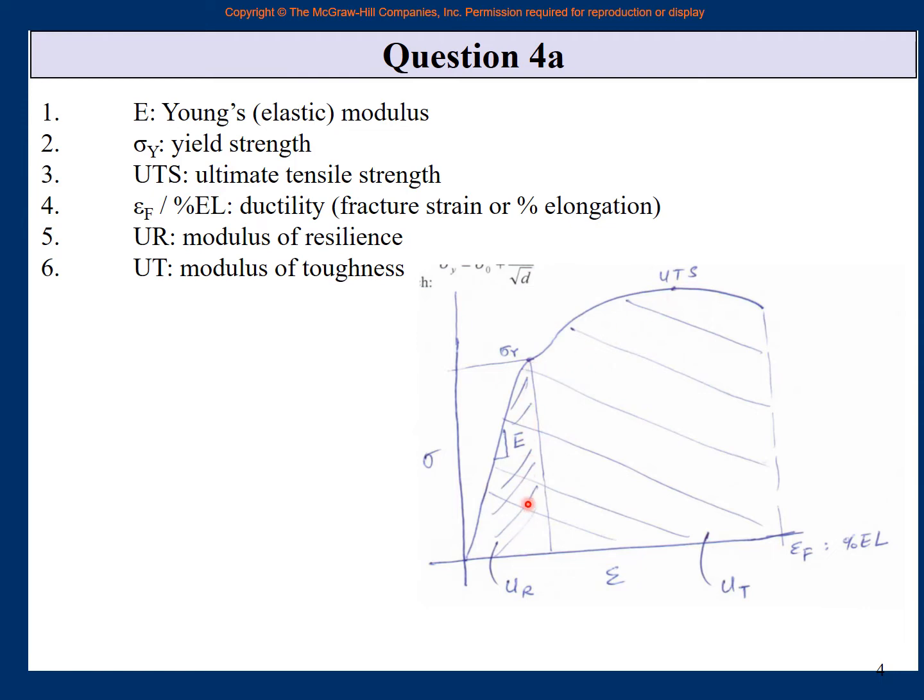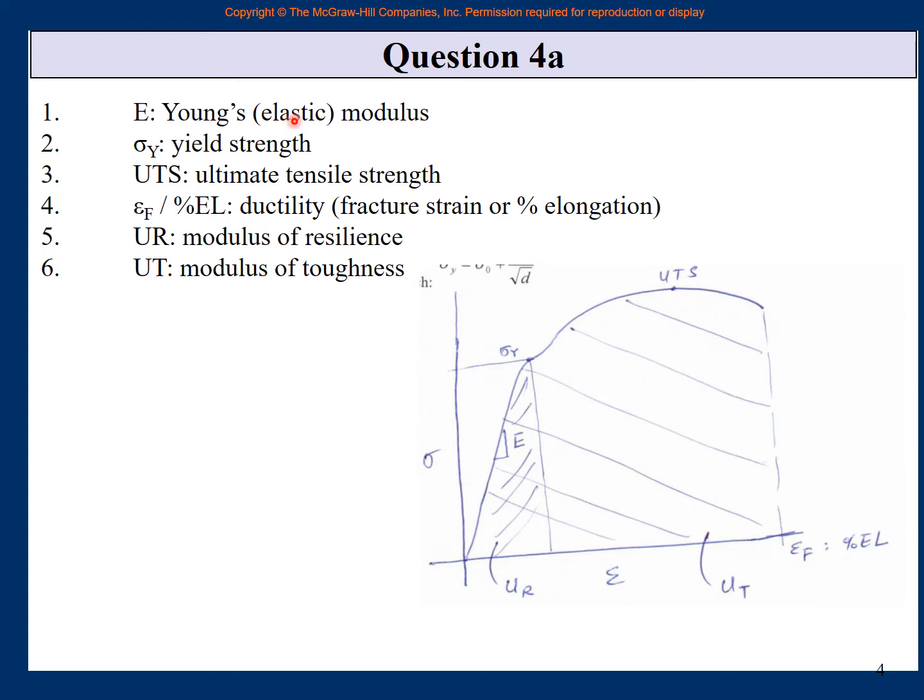From here to here, I show the shaded area of the triangle as UR. From here all the way, all the area under the curve, I show UT, and here I show epsilon F, fracture strain, percent elongation.